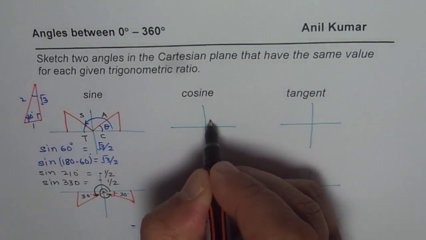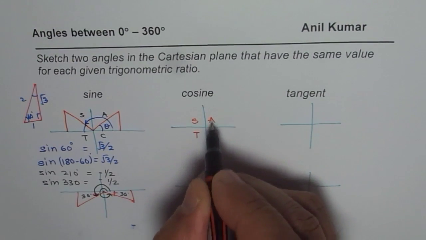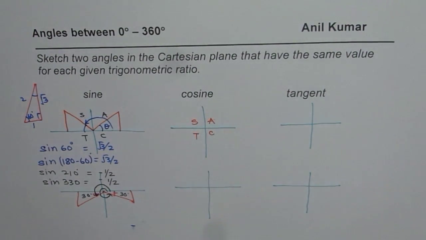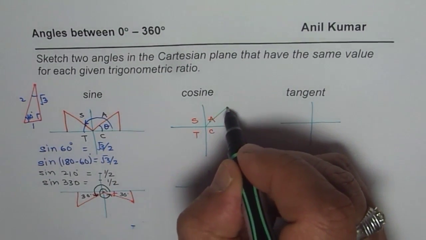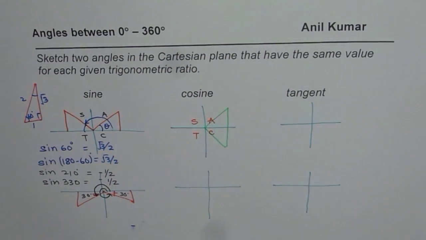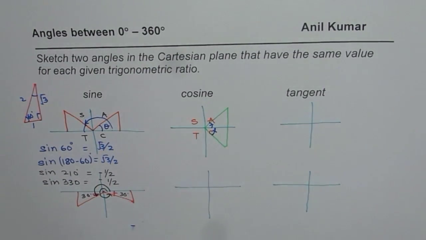Some people use cos rule. So they say cos is positive in quadrant 4, all are positive in quadrant 1, sine in 2, tan in 3. Therefore, if I sketch a triangle which is in quadrant 1 and in quadrant 4, with same acute angle, you understand, same acute angle, then I will get exactly same cosine value.